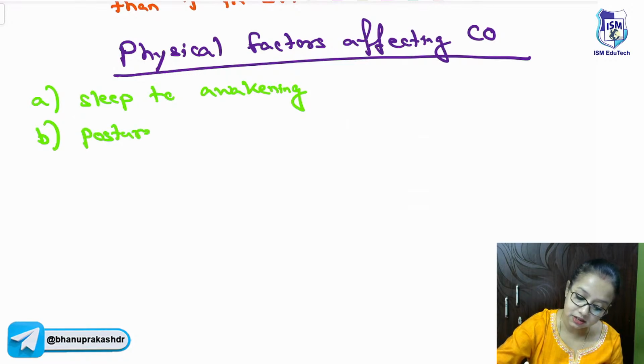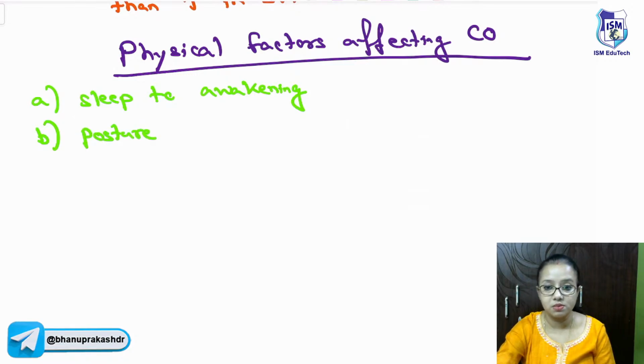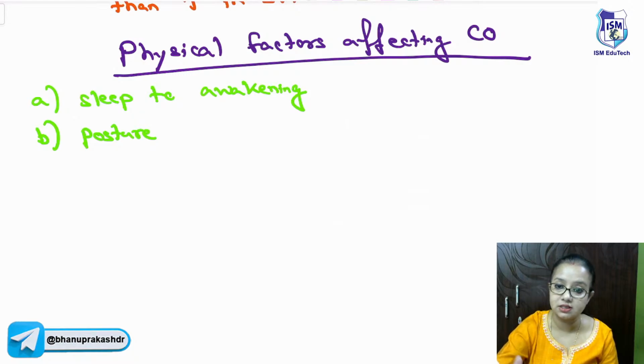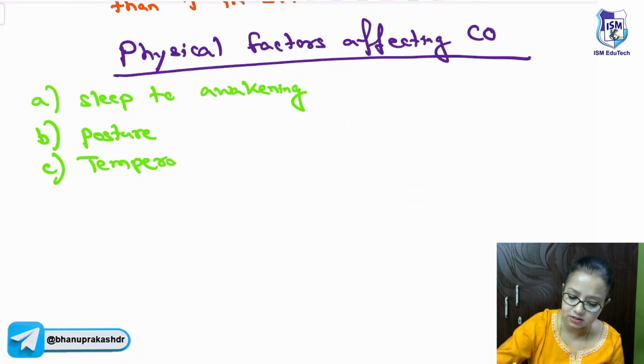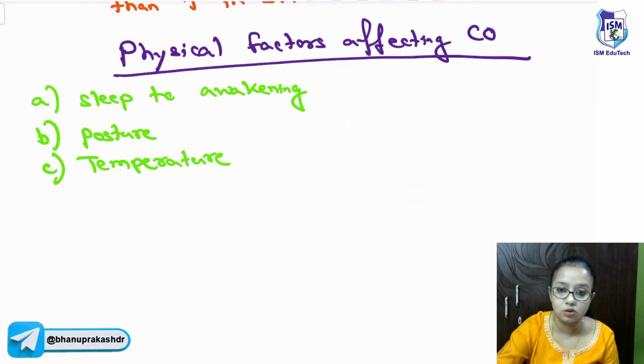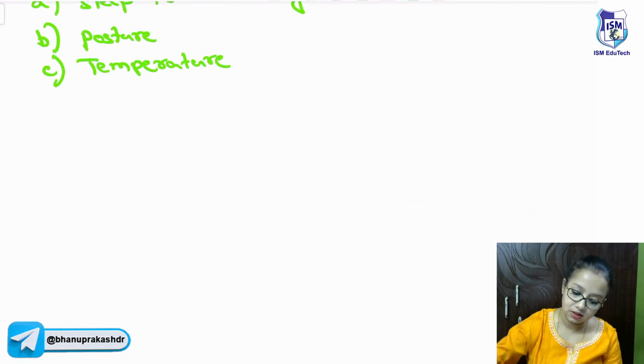Posture. It is seen that when a person stands up from lying or sitting condition, the cardiac output increases. Okay? Then temperature. If a person is exposed to hyperthermia, the cardiac output increases, and in hypothermia, the cardiac output decreases.